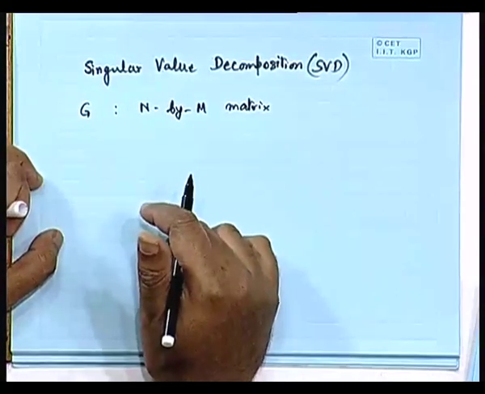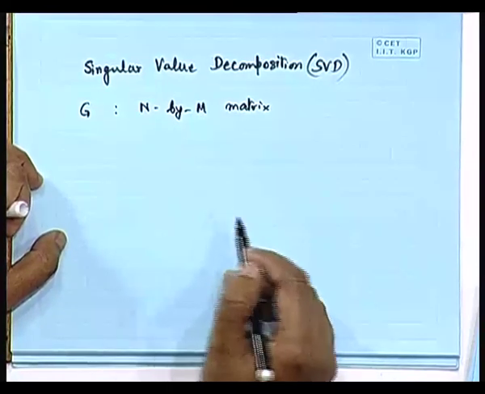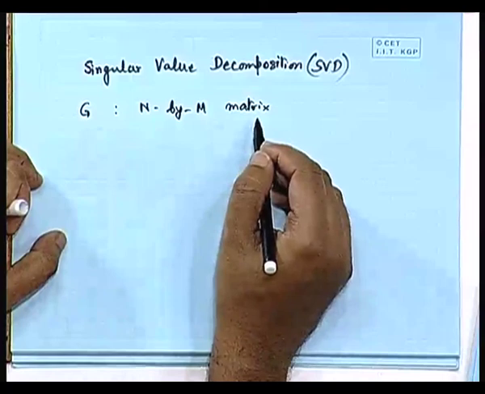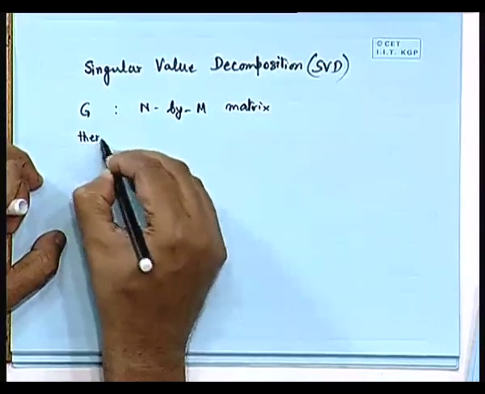So, it is an n by m matrix. For G, there exist two orthogonal matrices.